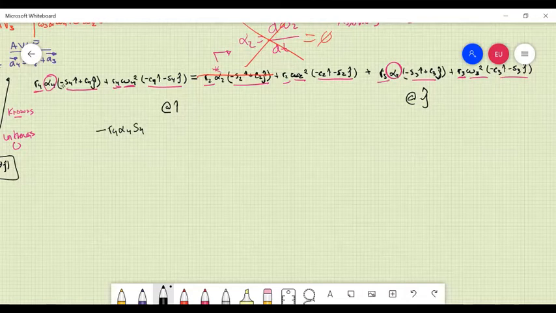And I'll have minus R4 omega 4 cosine of theta 4 equal to R2 omega 2, oh, this is a square, minus cosine of theta 2 plus R3 alpha 3. This will also be minus, sorry, everything is minus here. Sine of theta 3.